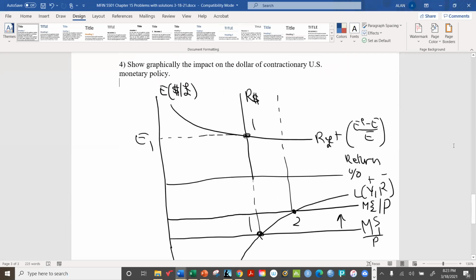And as a result, we have a stronger dollar. That's exactly what we would have expected. So contractionary policy raises the US rate of interest, which makes the dollar stronger. And that's the whole thing.